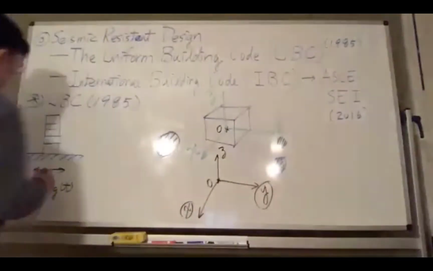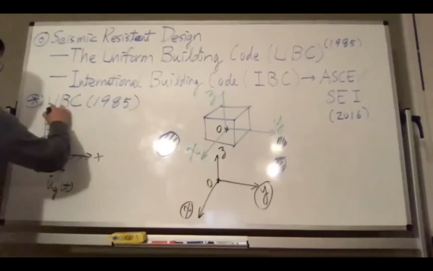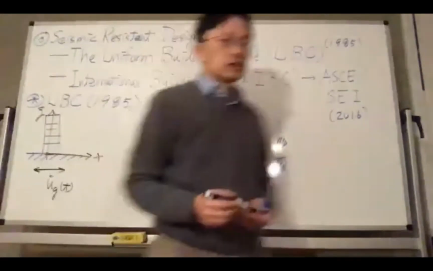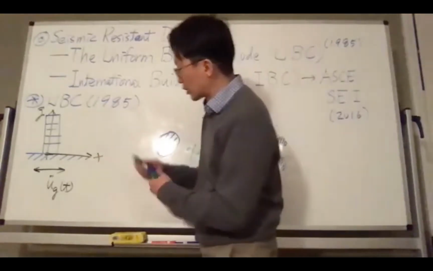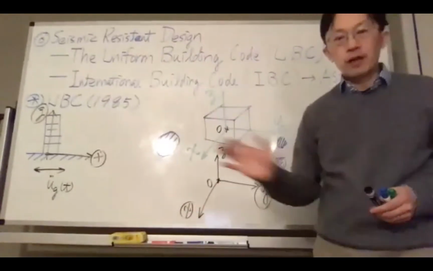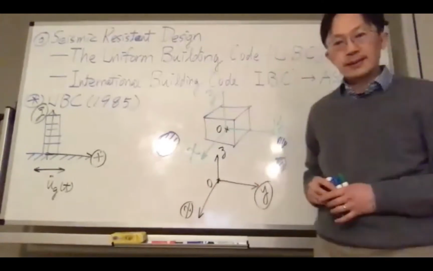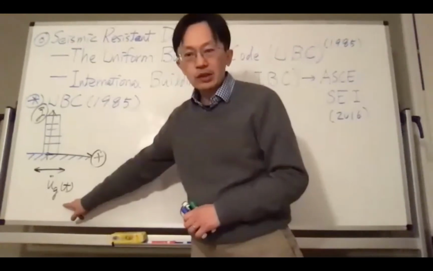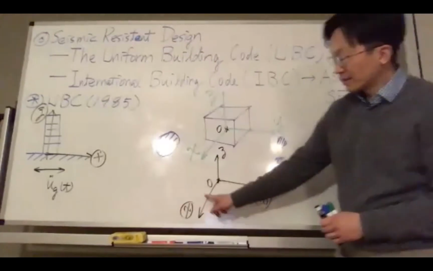That being said, if you define the x to be here, z is the vertical direction, and the y will be the direction going into the board, because x is this direction here, this is x, and this is z. The positive y direction following the right-hand rule would suggest the direction pointing into the board. So by this consideration to model the earthquake loading, that means we only consider the horizontal ones.